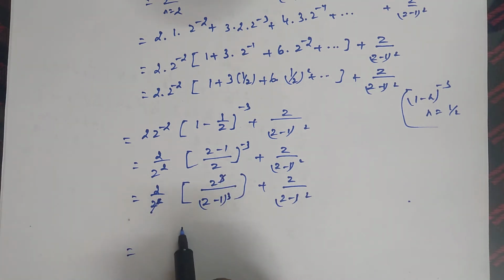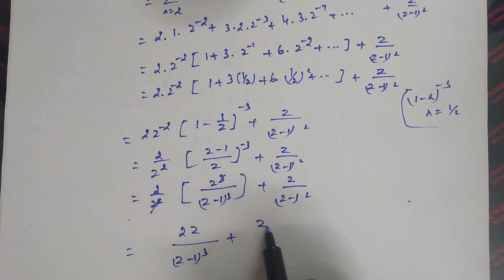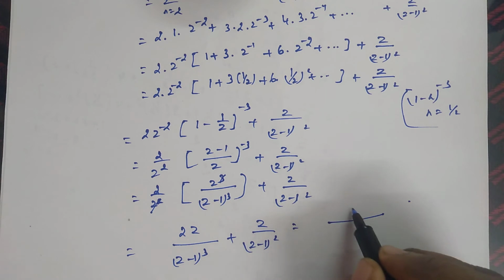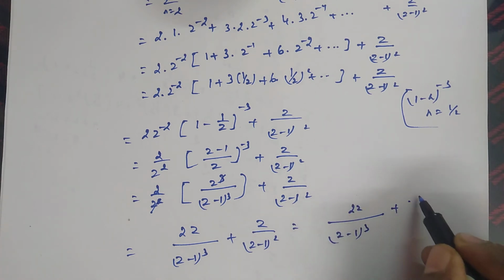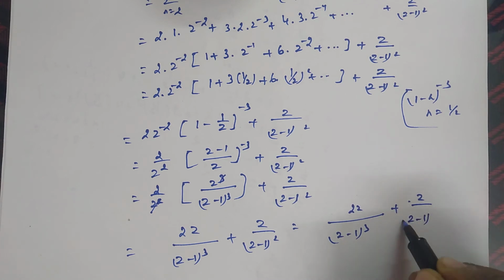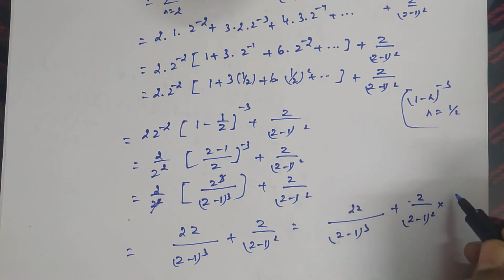So the next term is 2z by z minus 1 the whole cube plus z by z minus 1 the whole square. Now in the next step, we take the second term, multiplying and dividing by z minus 1.